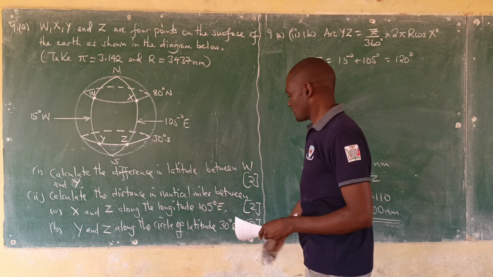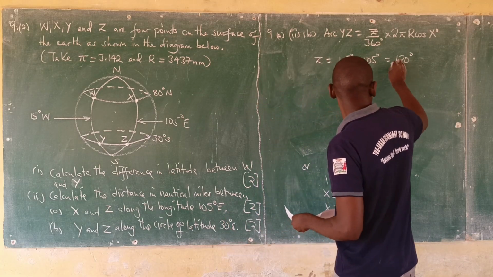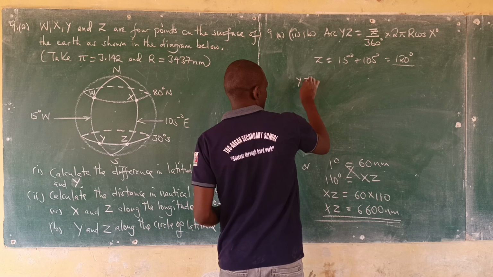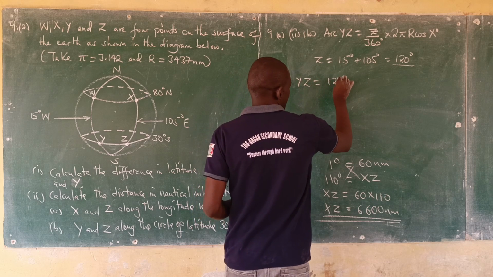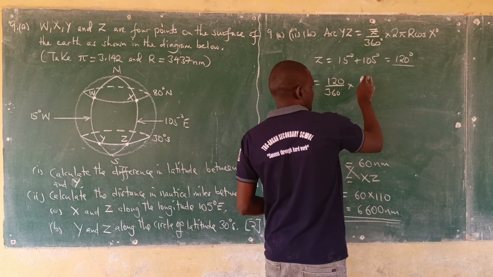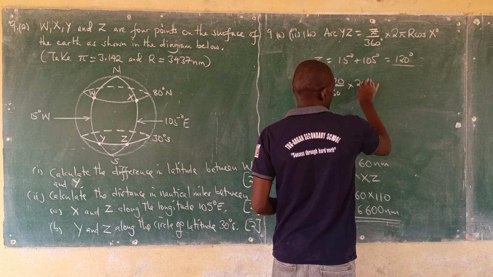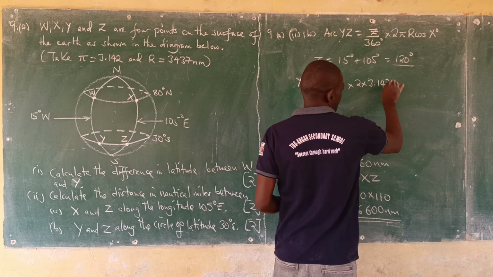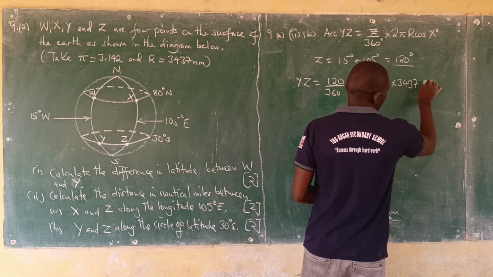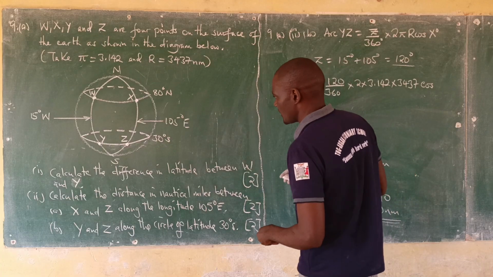Yes, that gives us 120. Then from there, our YZ is 120 over 360 times 2 times 3.142 times 3437 cos the latitude.